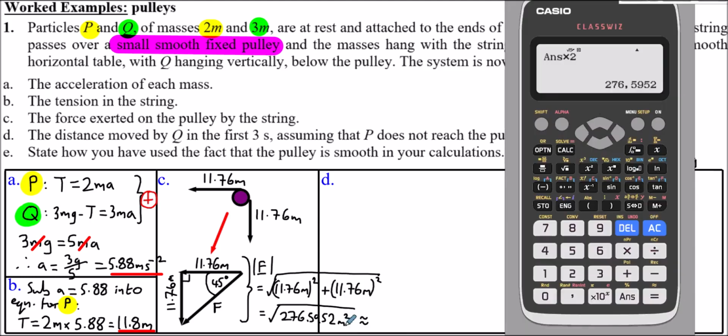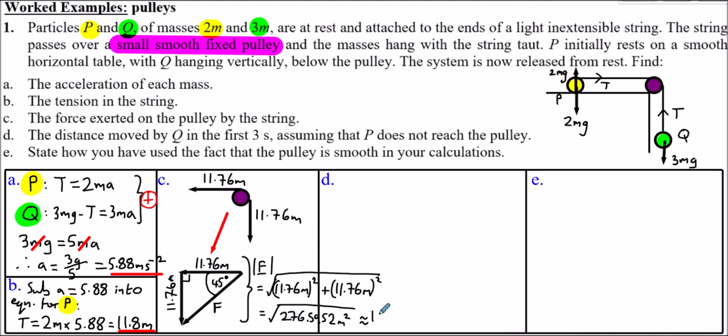So obviously when we square root the m squared, that'll just give us m. So if we square root this answer here, it's about 16.6 m. Again, it's in terms of m. So the heavier these masses, the more force will be exerted on this poor pulley. What a shame.